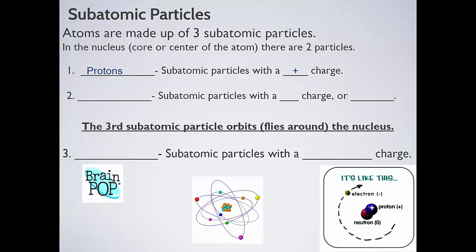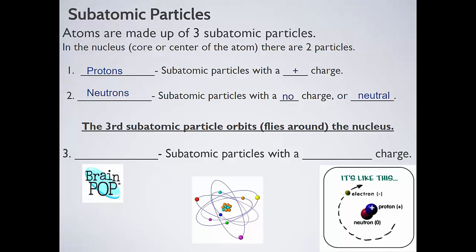Also found in the nucleus, in this center area of the atom, is a second type of subatomic particle, the neutron. Can you guess what its charge is? Negative? No, that's what everyone always wants to say. Neutral. They have no charge. That's why they call them neutrons.